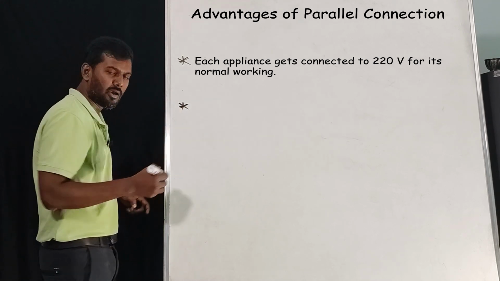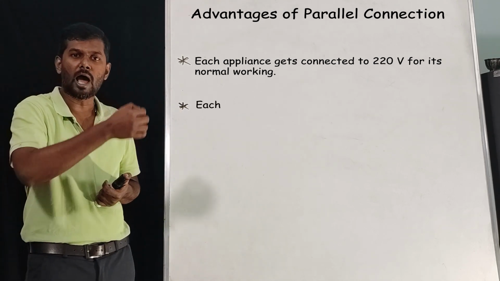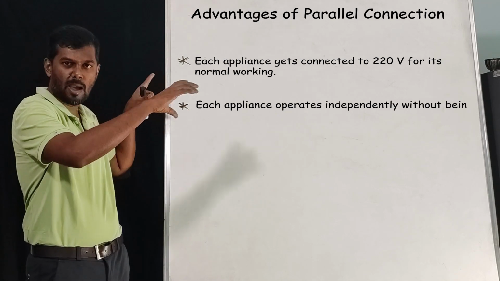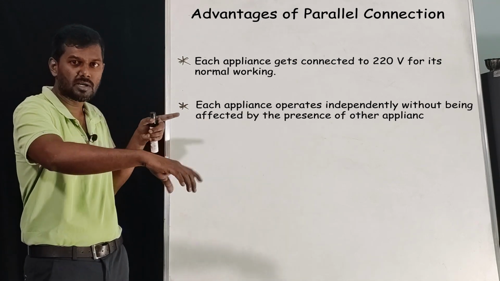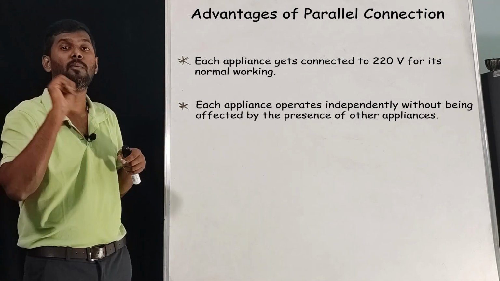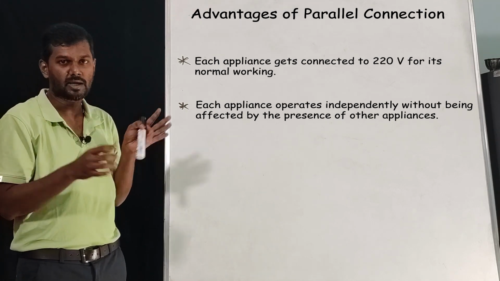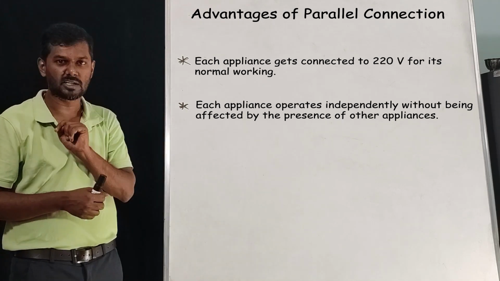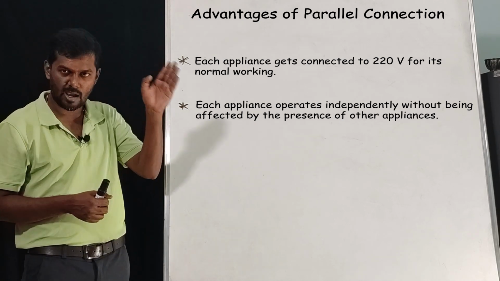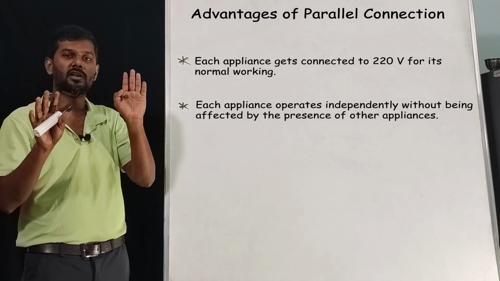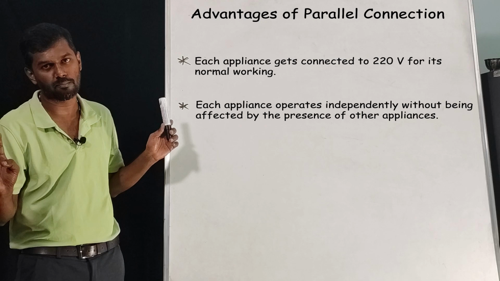The second one, very simple: if one appliance gets damaged, then all the remaining appliances will work normally because they are connected in parallel separately, correct? Parallel means a separate connection is given. So if one appliance is damaged, the remaining appliances will work normally without being affected.